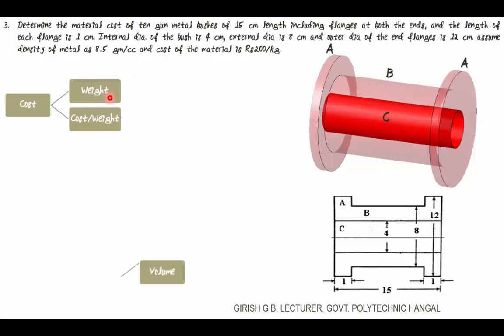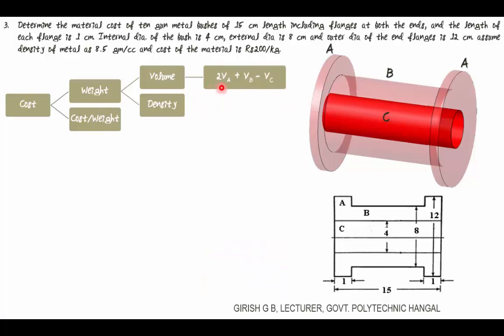Weight is the product of volume and density. Density they have given as 8.5 gram per cc, and volume we need to determine. The total volume is part A volume, that is VA, plus another VA, 2 VA, plus VB and minus VC, since it is a hole.